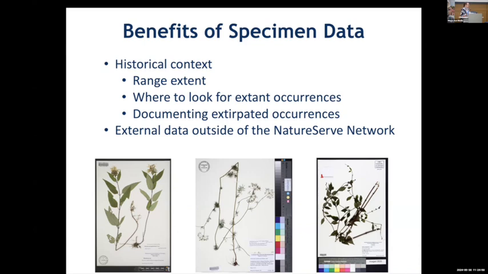Another benefit is that this data is external to the network, because the network likes to work in a lot of pristine locations, and we have different collection biases through the natural history collections; they might document roadside populations that might not otherwise be in the network.